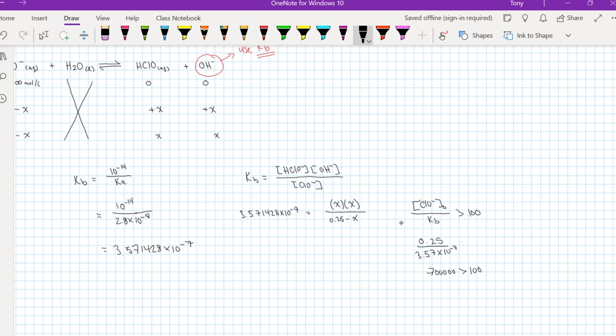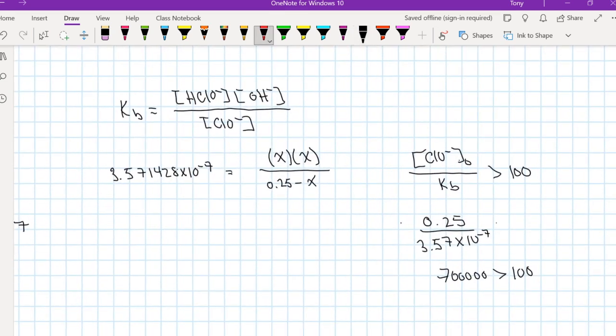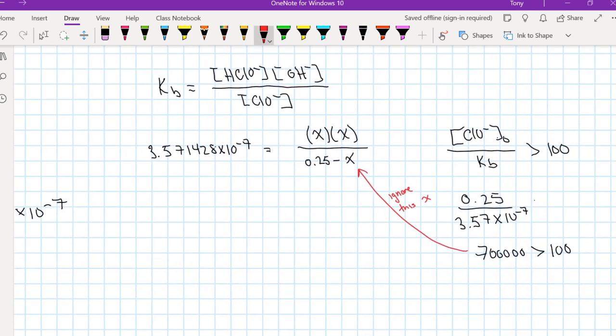What that means is we can simplify this expression by ignoring x's that are being added and subtracted. In other words, we can ignore this x because it's being added and subtracted, meaning 0.25 minus some tiny number is basically going to give us 0.25. So we're going to ignore that in our next step to simplify the math and avoid having to use a quadratic.